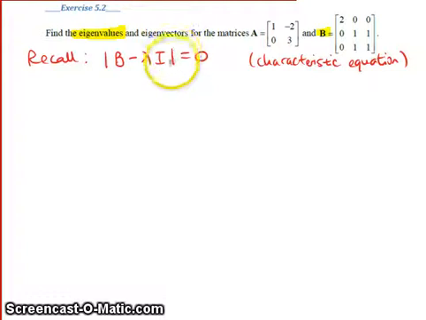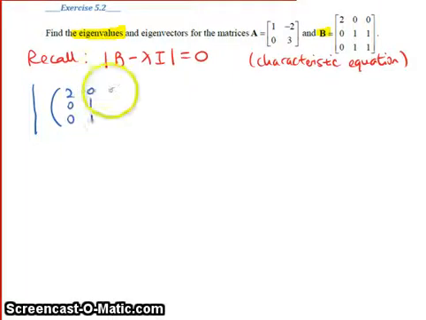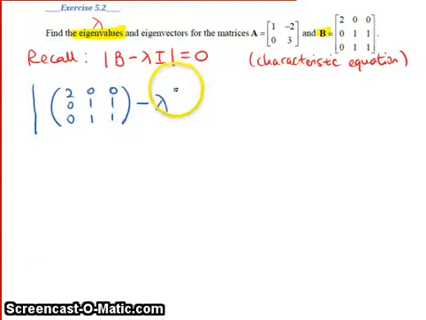So this means determinant, so I'm going to take the determinant of the matrix B minus lambda. Lambda is the eigenvalues that I'm supposed to solve, so it is unknown.